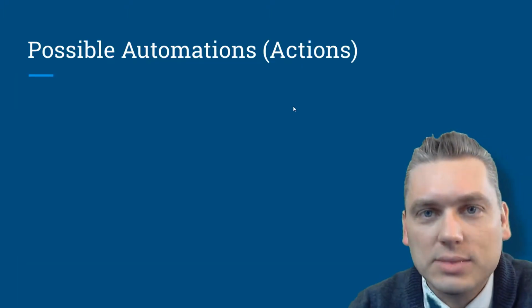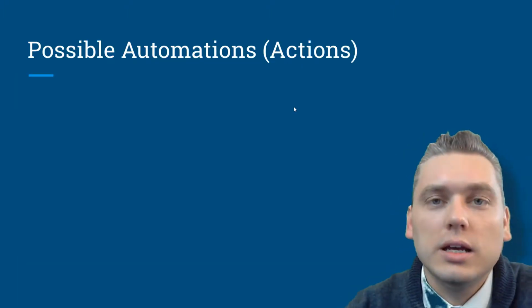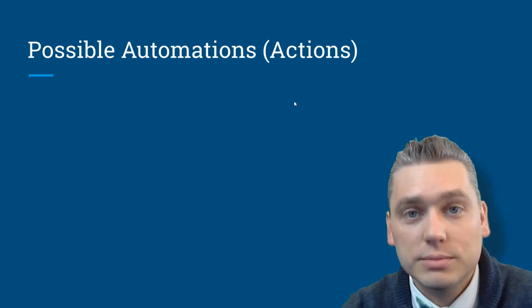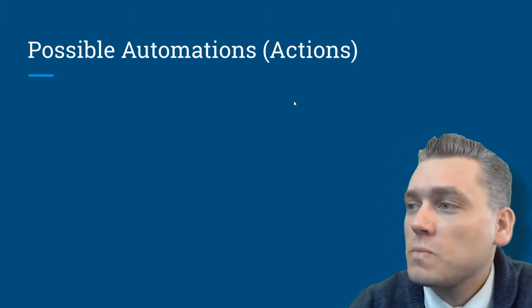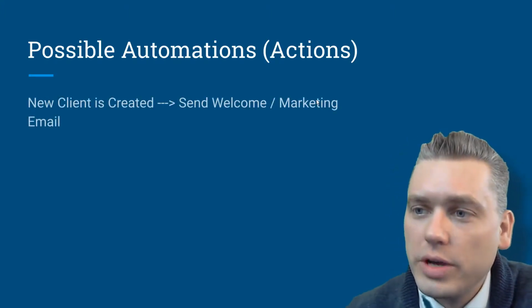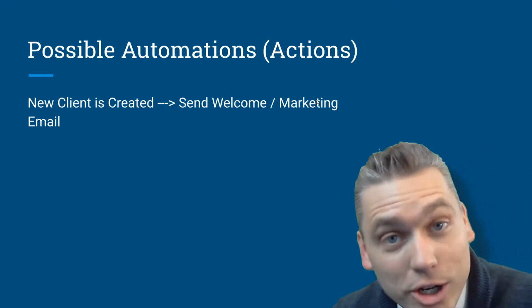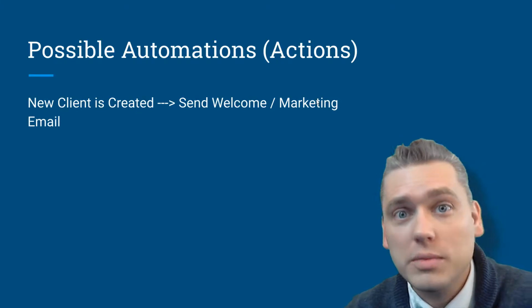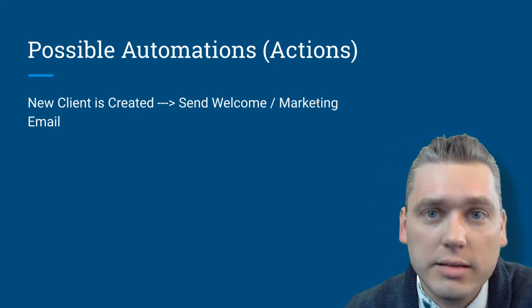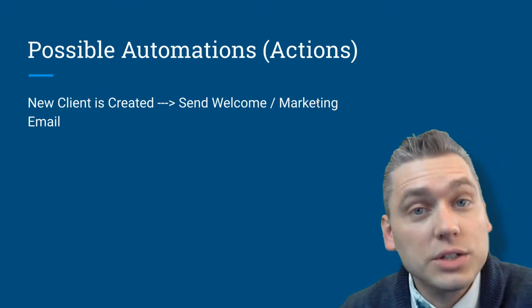But let's talk about some possible automations that you can work in your workflow using Gmail, Zapier, and Prima.Law. So first of all, let's say that you create a new client or a new contact in Prima. Well, you can automatically trigger the sending of a welcome email. So typically you're going to make a contact when you're doing a consultation for someone.